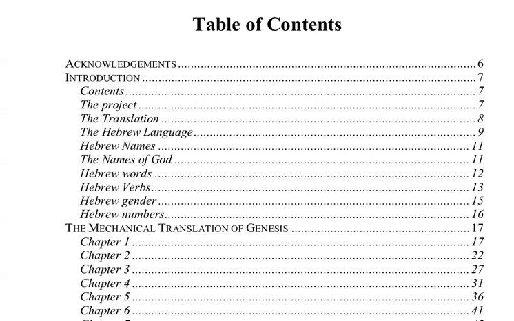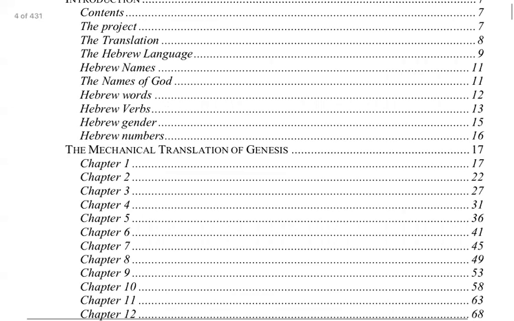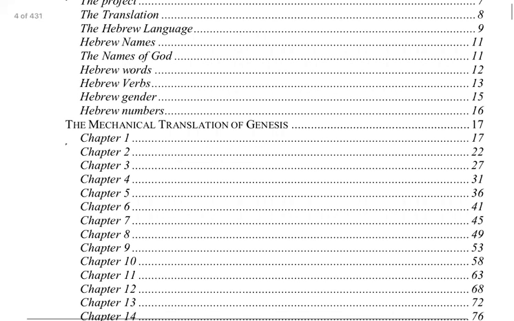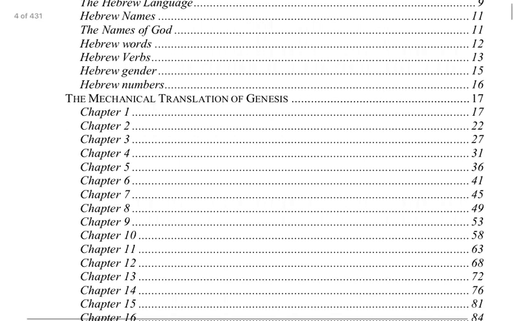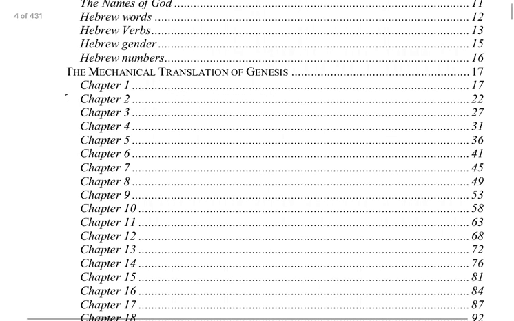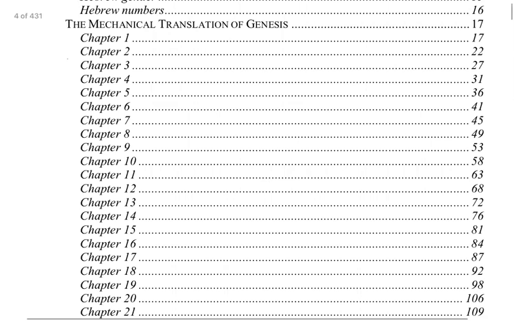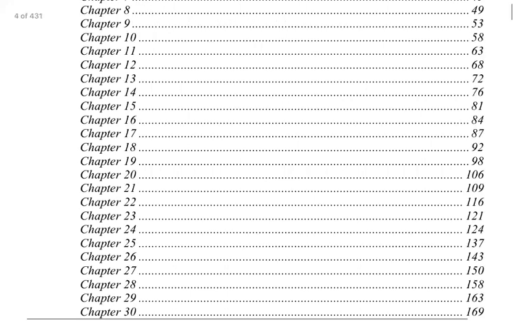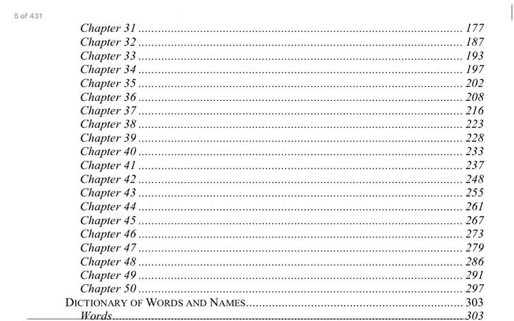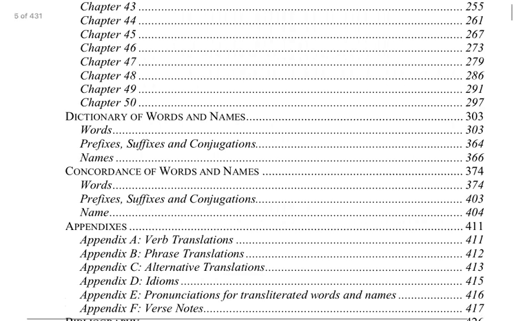So we have the table of contents, acknowledgments, introduction, contents, the project, the translation, the Hebrew language, Hebrew names, the names of God, Hebrew words, Hebrew verbs, Hebrew gender, Hebrew numbers. And then we've got the mechanical translation of Genesis, and you see chapter 1 all the way to chapter 50.